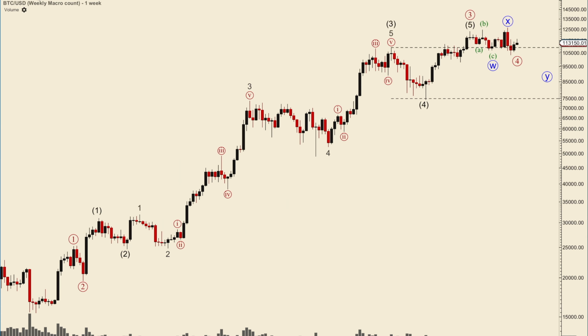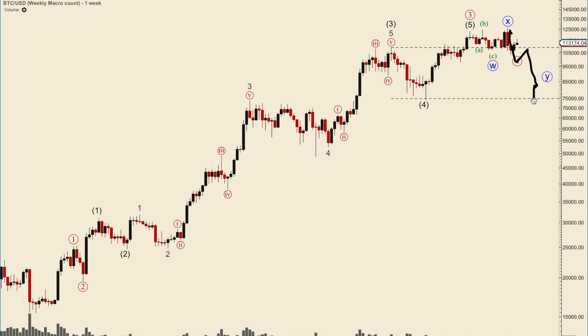You gotta take into account the macro count here, which is looking for a finishing wave 5 from this primary wave 4 and up. But it is still important to remember that a WXY to finish in this area, between the 3 and a 4 of a lower degree, is perfectly fine as well for a wave 4, which means that we shouldn't rule out a wave 4 even if we get a bigger move down like here.